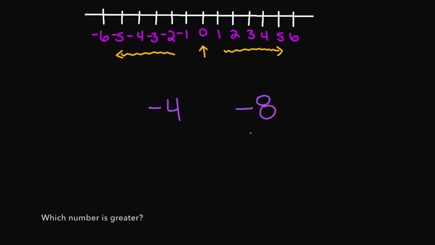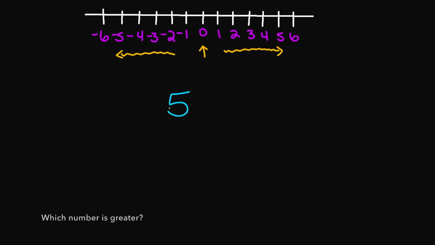Based on this example, -4 is greater than -8. When you're looking at two negative numbers, the number that is closest to 0 is always going to be greater. So I'll say it again. When you are comparing two negative numbers, the number that is closest to 0 is always going to be greater.